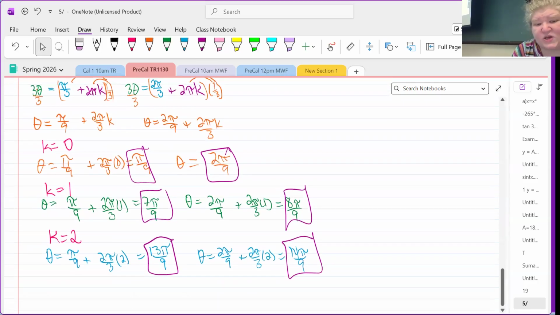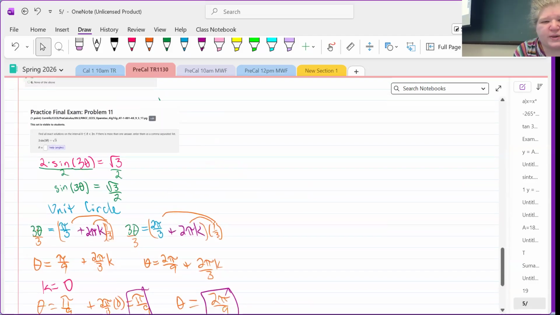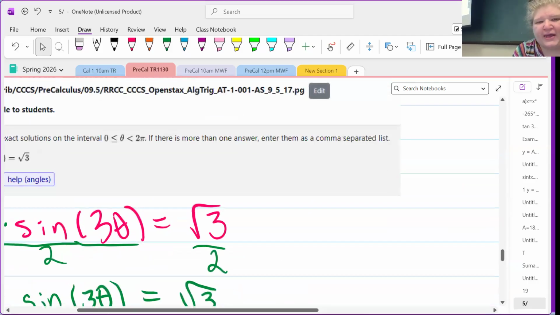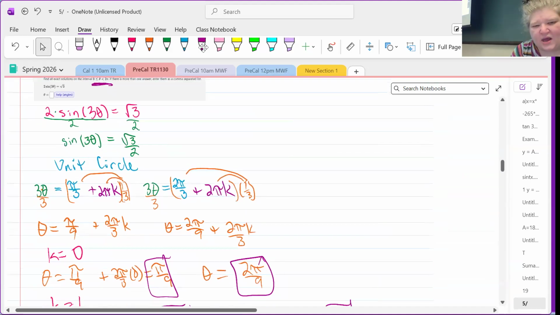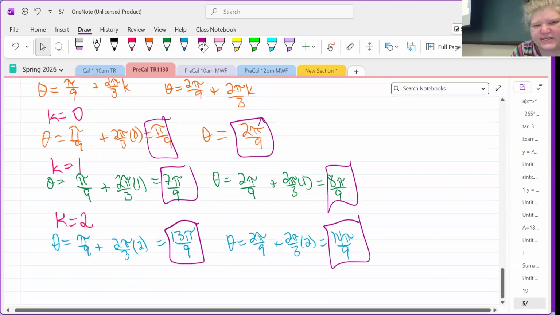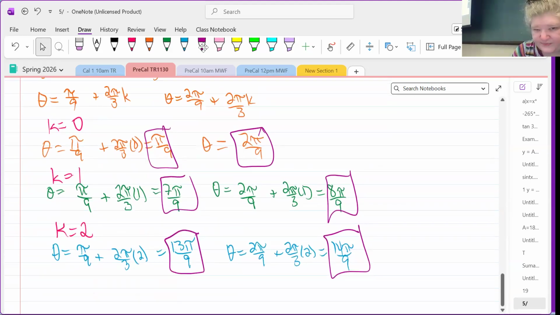If I did k equals 3 and plugged 3 into the formula, the result would actually be bigger than 2 pi. So it's not part of my solution list. It is technically a solution to the problem. It's just not between 0 and 2 pi, which is the added qualification that the problem gave us. So that's why we're getting a finite list of numbers instead of the 2 general solutions.